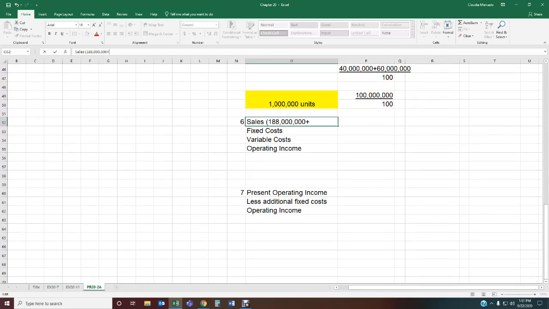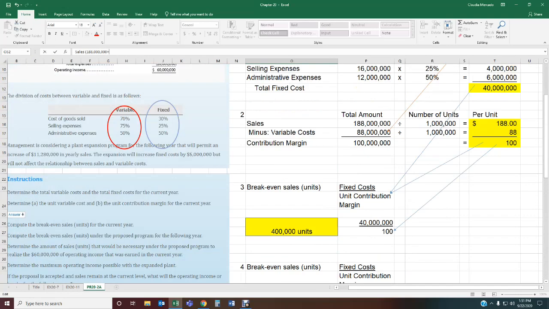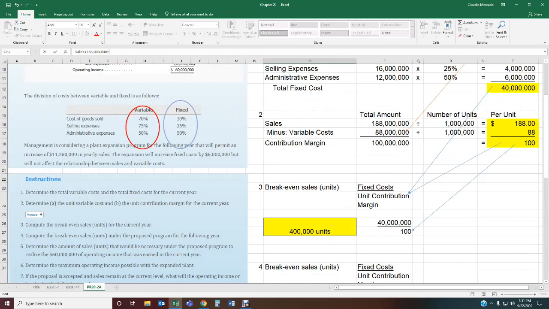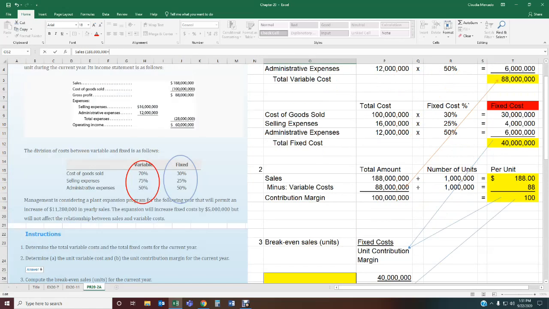And then I'm going to add, because it says here on number 6, determine the maximum operating income possible with the expanded plan. So if we get the expanded plant, then we are anticipating that our yearly sales is going to increase by 11,280,000.